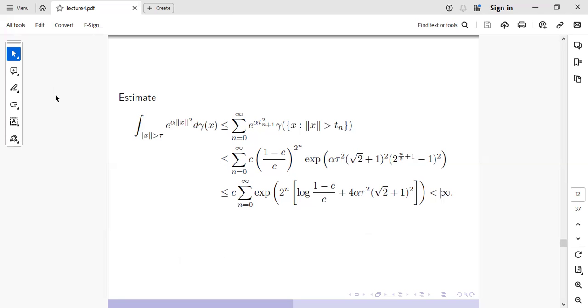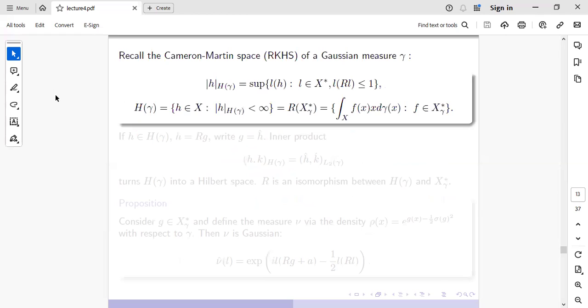Okay. And in the next part of the lecture, we recall some properties of the Cameron-Martin space, or reproducing kernel Hilbert space of a Gaussian measure. The Cameron-Martin norm is defined as the supremum of L(h), where L is a continuous linear functional and its variance, the integral of (L(x) minus a) squared d gamma x, is less or equal to 1.